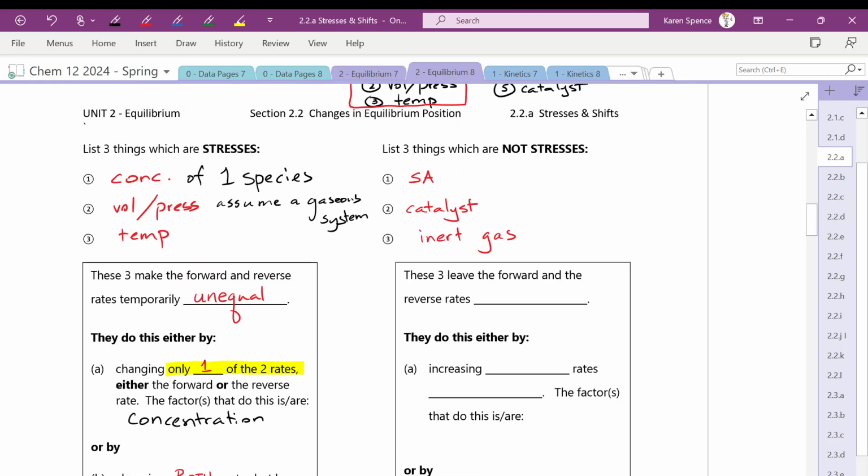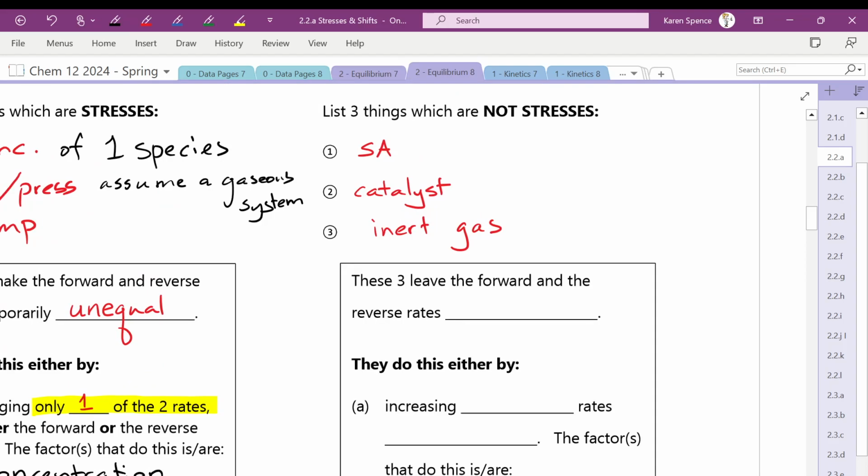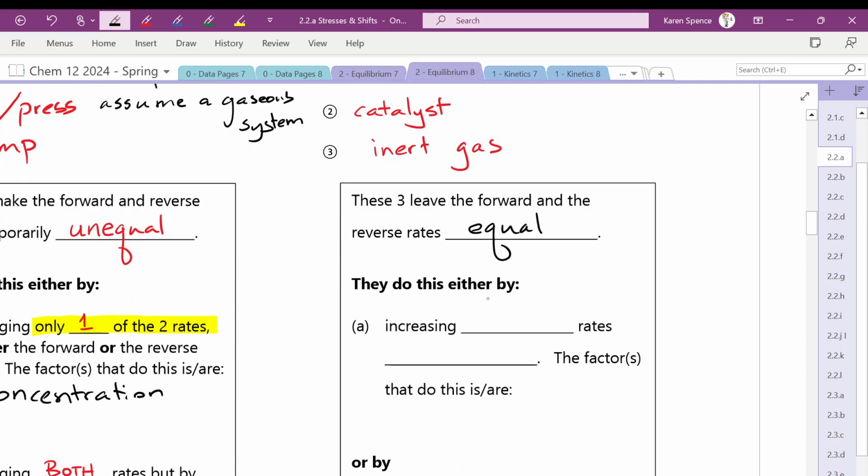Now, the 3 things which are not stresses are surface area, catalyst, and an inert gas. These 3 things leave the forward and the reverse rates equal. They can do that either by increasing both rates equally.